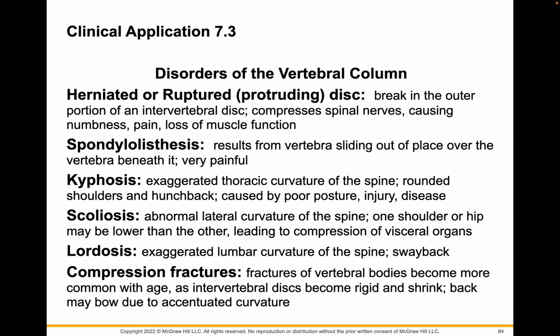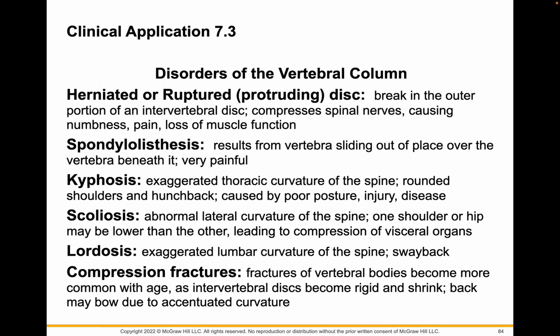There are some disorders of the vertebral column. So you might have heard of a herniated disc, and this is a break in the outer portion of the intervertebral disc. And so we're talking about that cartilage that keeps the vertebra from hitting each other, and this could compress some spinal nerves, and that will cause some issues.